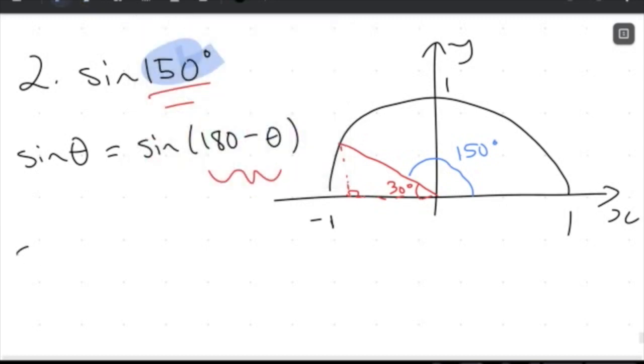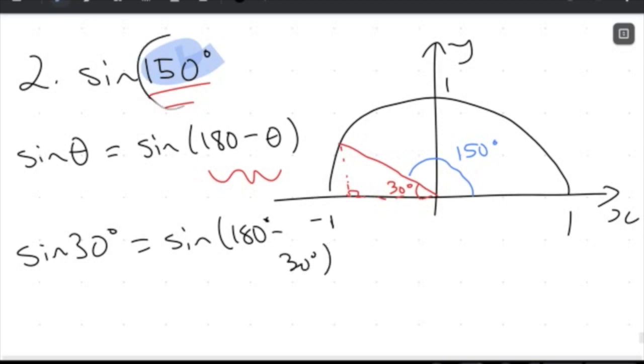So I have sine of 30 degrees equals sine of 180 degrees minus 30, or in other words, the sine of 150. So we're kind of reverse engineering this, but it's still following as it would for just looking at this through a unit circle.